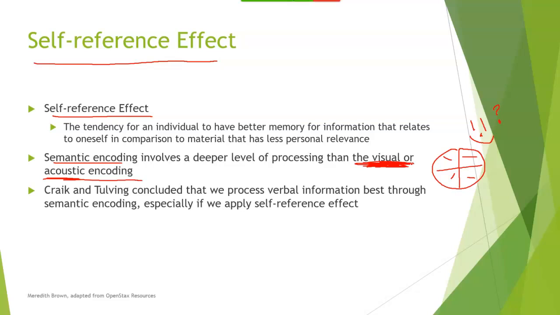But if I just hear your name, or if I just see your name, and I don't say it a few times, I'm not going to remember it. And that's pretty much how everybody is. Craik and Tulving concluded that we process verbal information best through semantic coding, especially if we apply self-reference. So obviously, verbal information is going to be encoded best if we know the meaning of what is being said.